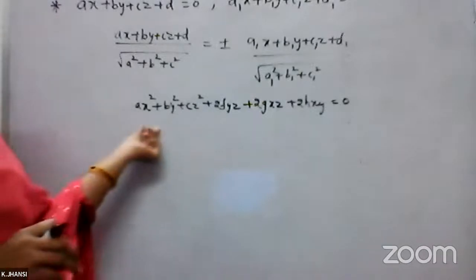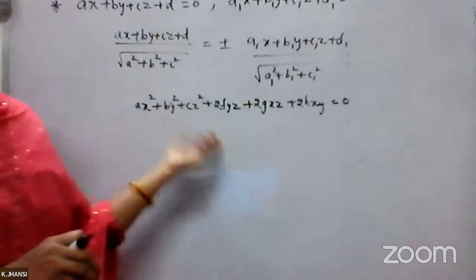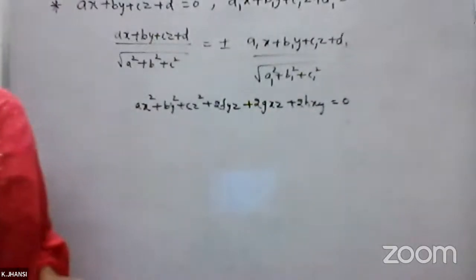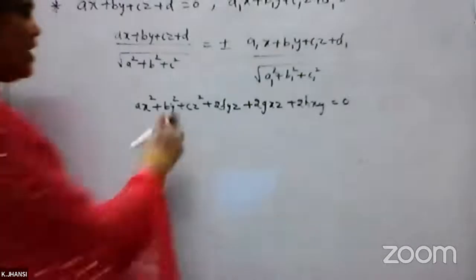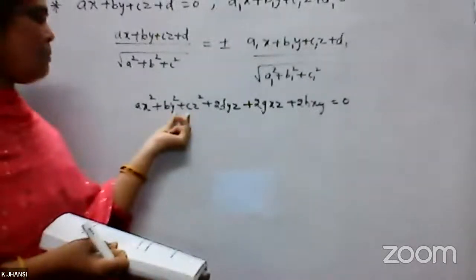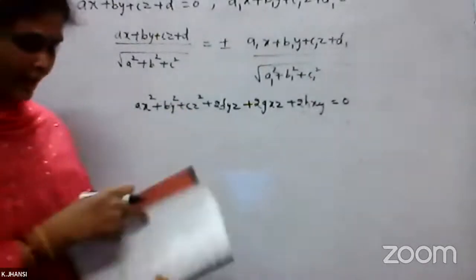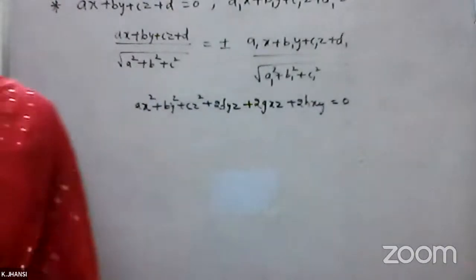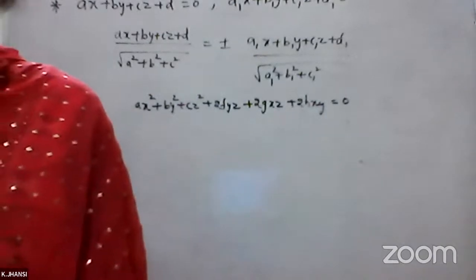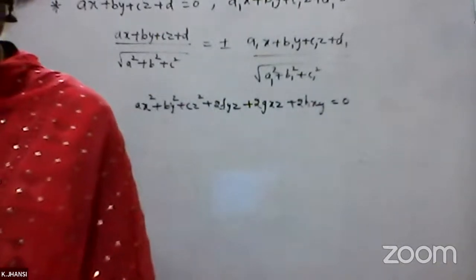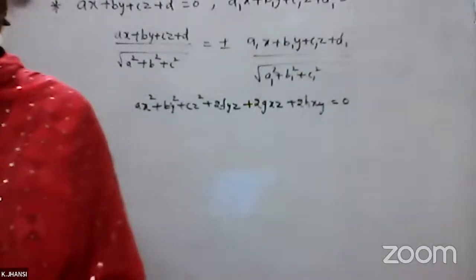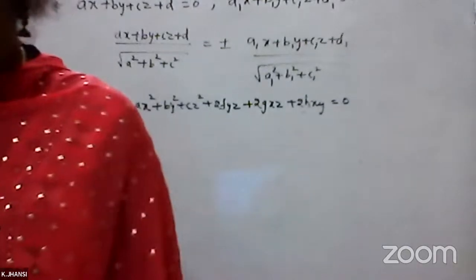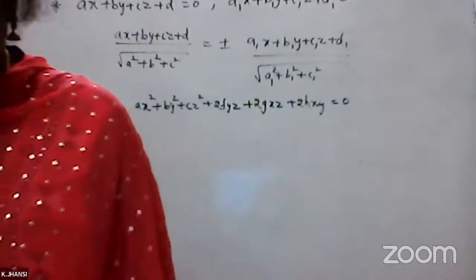This pair of planes passes through the origin if and only if one condition is satisfied. If it satisfies that condition, then the pair of planes passes through the origin. The proof of this theorem is on page numbers 76 and 77. It is very lengthy, so they will not ask it in the examination, but the necessary and sufficient condition you may get.